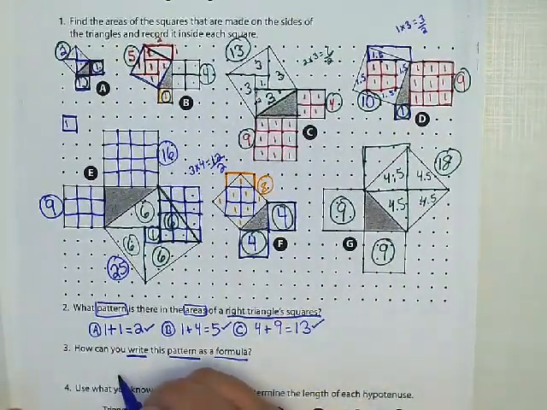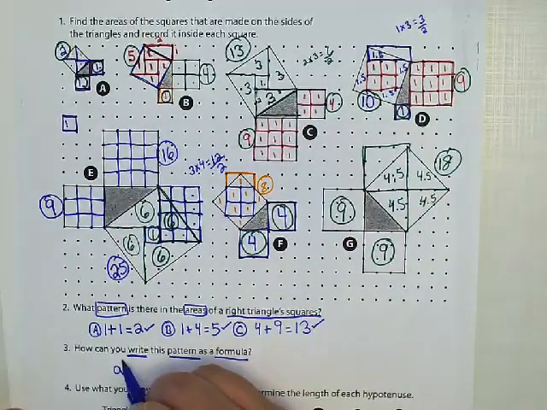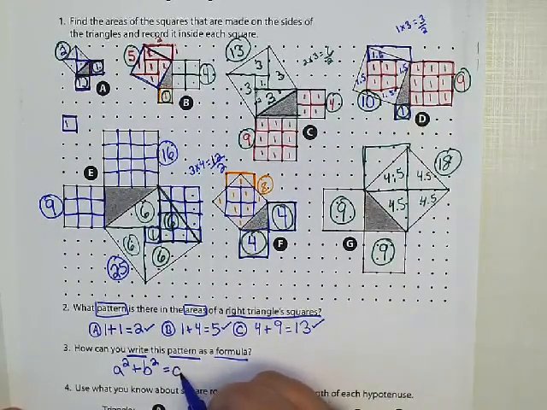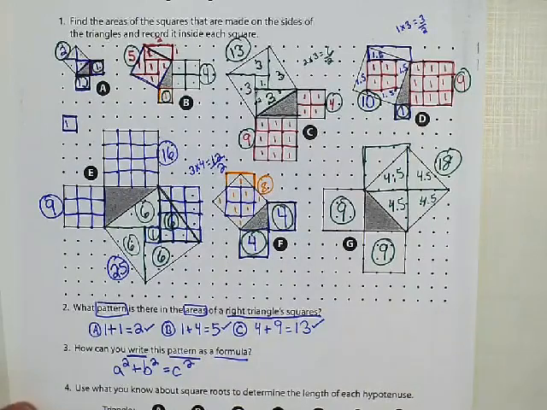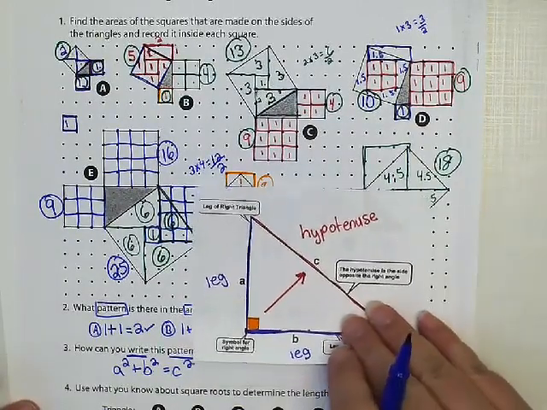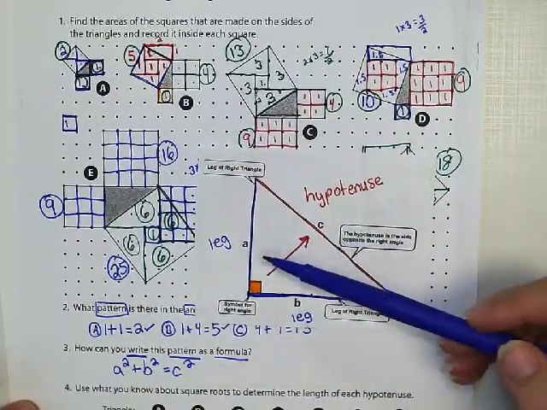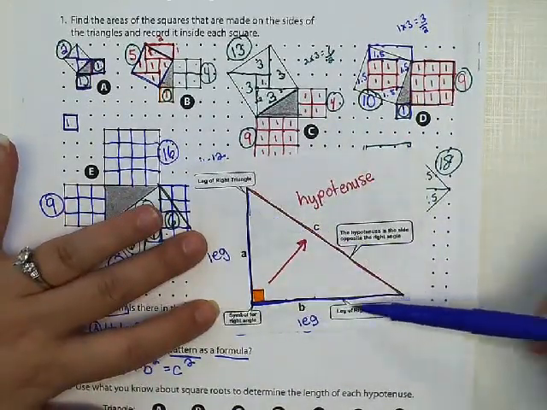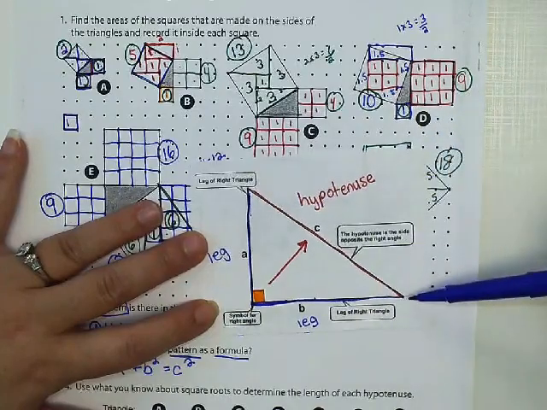So what does that mean? If we take the A and we square it, and we take the B and we square it, that would equal our C squared. So what do we mean by A, B, and C? Well, remember in the beginning we talked about that on a triangle, the legs are considered our A and our B, and the hypotenuse is considered our C.